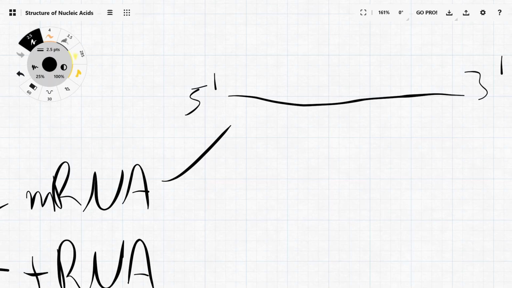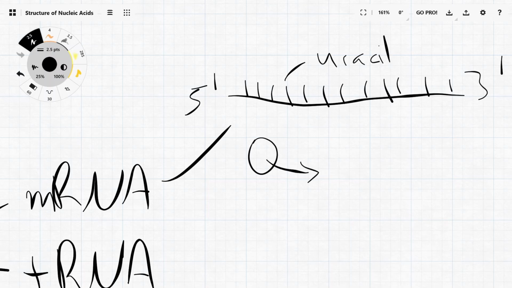However, again, these are the nitrogenous bases there. We have uracil here and not thymine. And so the purpose of messenger RNA is to transport genetic information from the nucleus of the cell out to ribosomes, which are organelles that convert that genetic information into an amino acid chain to form proteins.